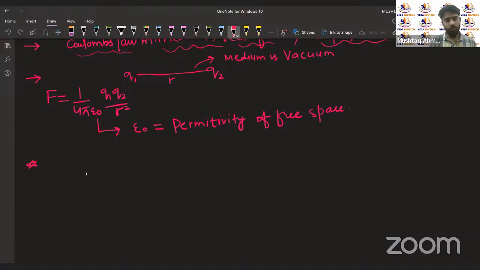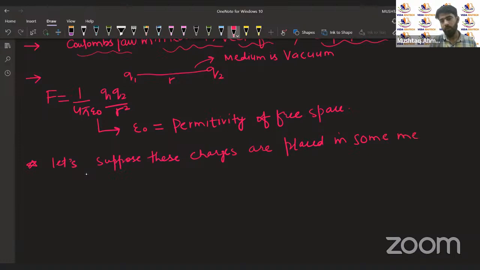Let's suppose these charges are placed in some medium. इन चार्ज को किसी मीडियम में रखा गया. मीडियम कोई कुछ भी हो सकता है. मीडियम कैन बी वाटर, कैन बी ग्लास, it can be any other medium that we can place both these charges with the same separation r. सेम सेपरेशन के साथ दोनों चार्ज को हम रखते हैं.